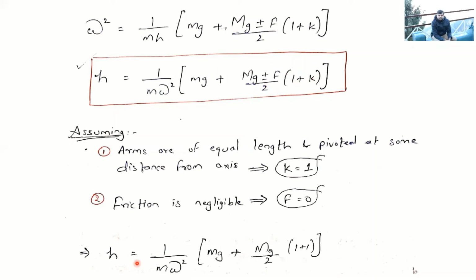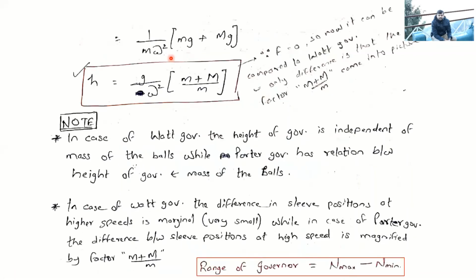So we arrive at this equation that h is equal to 1 by m omega square, and within the bracket mg plus capital Mg by 2 multiplied by 2. So we come to this equation that h is equal to 1 by m omega square times mg plus Mg. Now again g is taken common and it becomes g by omega square times m plus M upon m. This m is taken inside.